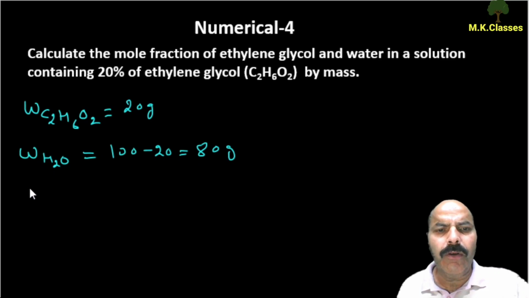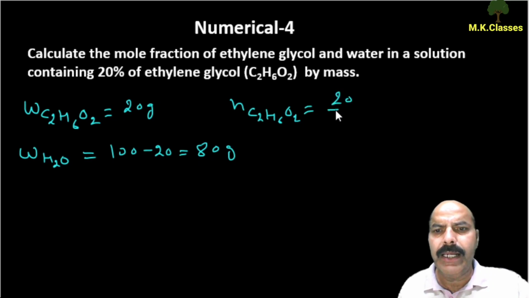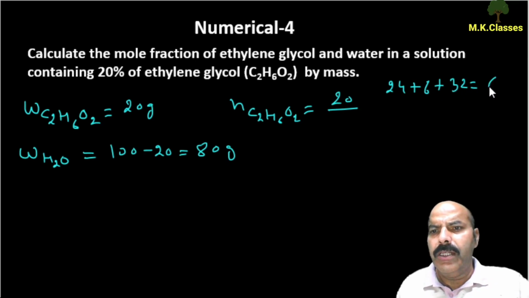Now we can find out the number of moles of this ethylene glycol. So the number of moles of C2H6O2, beta, is nothing but 20 divided by its molecular mass. Let's find out its molecular mass, beta. 2 carbon atoms are there, 12 is the atomic mass, beta, 12 into 2 is 24, plus 1 into 6 that is 6, plus 16 for oxygen, 16 into 2 is 32, so that will be equal to 62, beta.